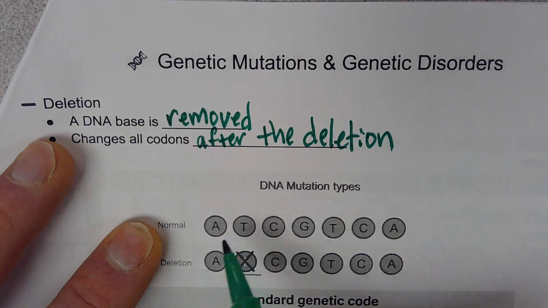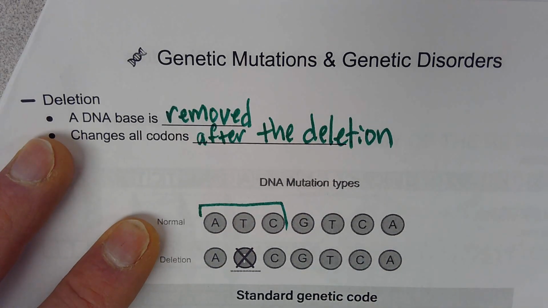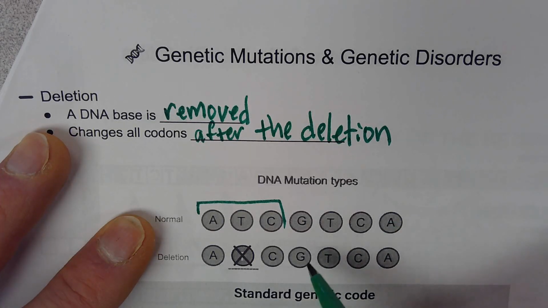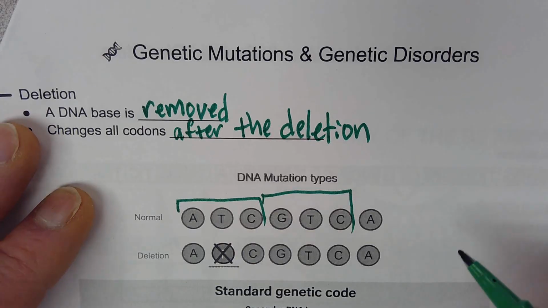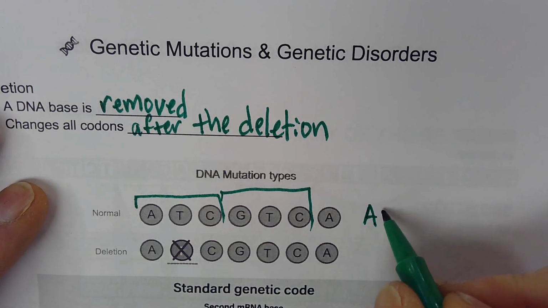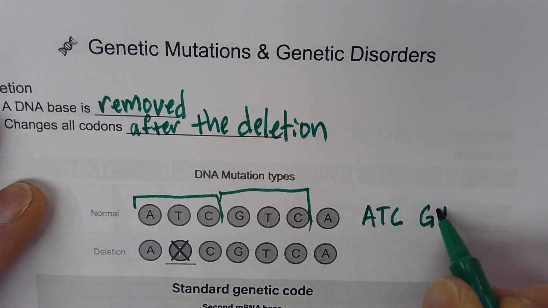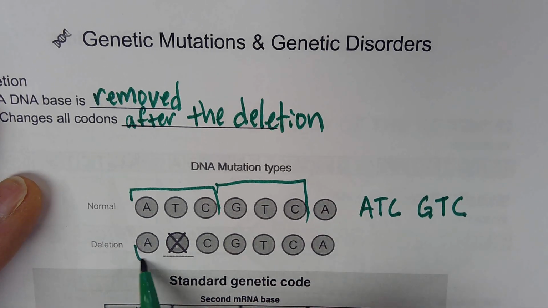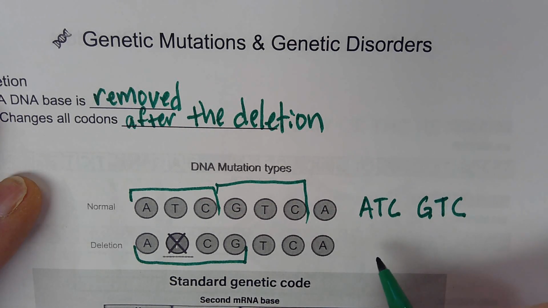So again, we still have 3 codons and 3 codons. So we have the ATC and we have the GTC. Those are our normal codons. If I have a deletion, I don't get to count the deleted one.